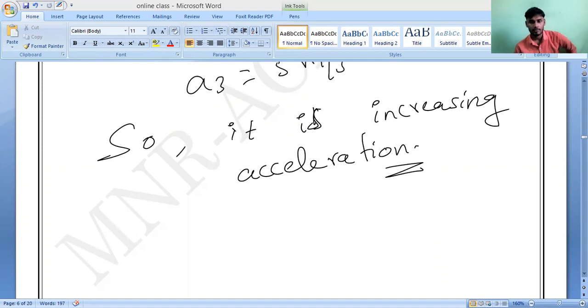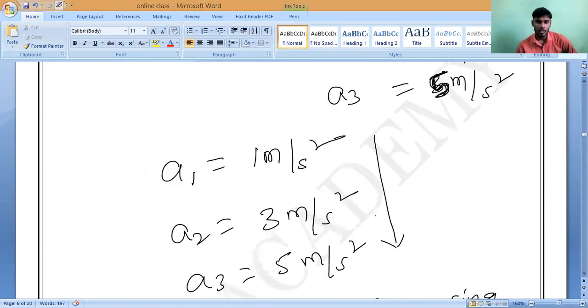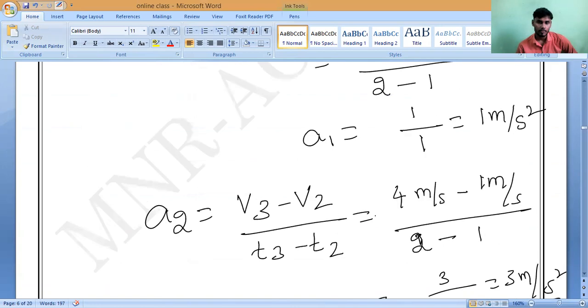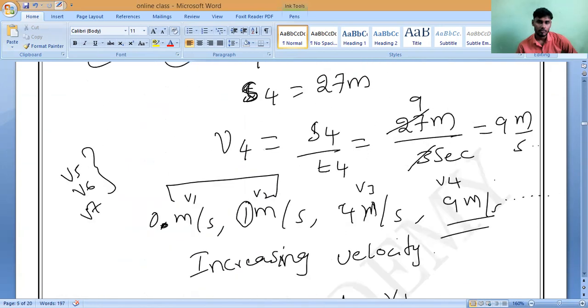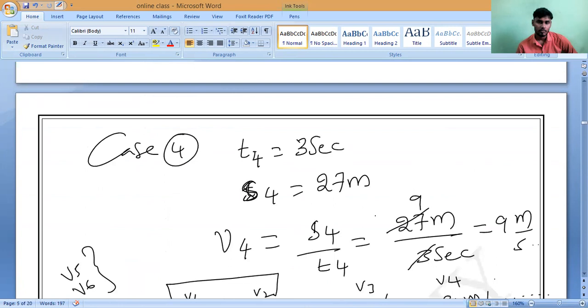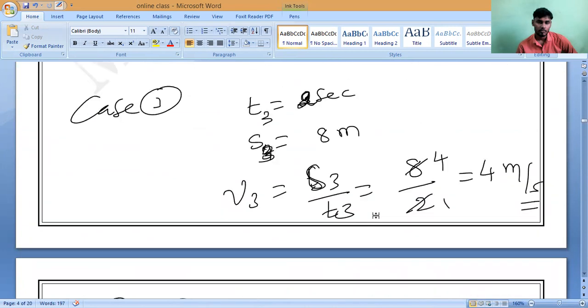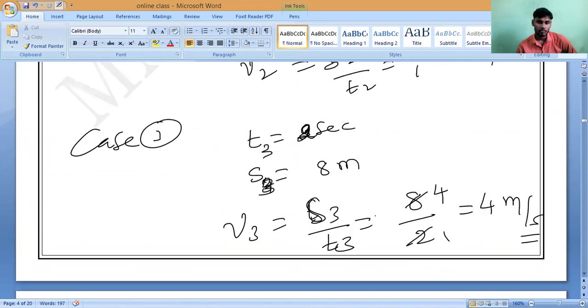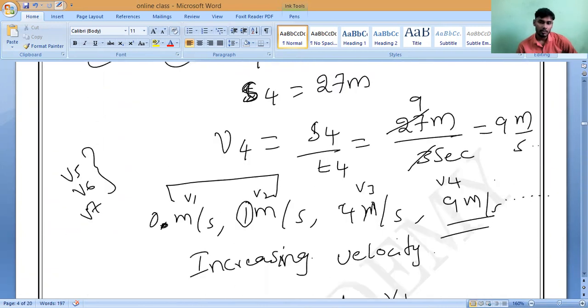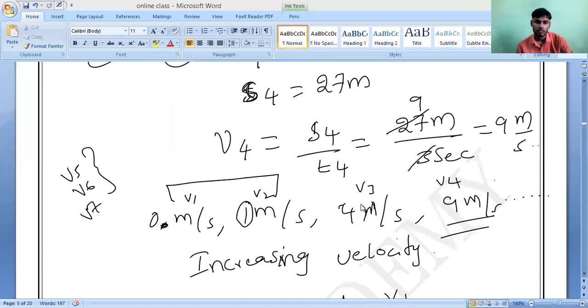Is it clear? Velocity, how much did you get, Monish? Pradosh? Okay, clear? Any doubt, ask me. Is it clear?